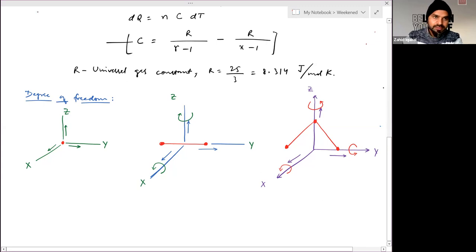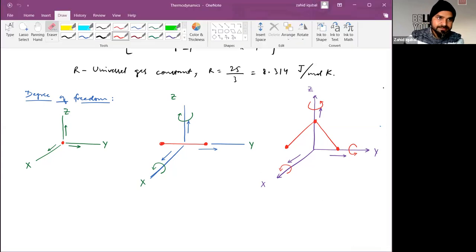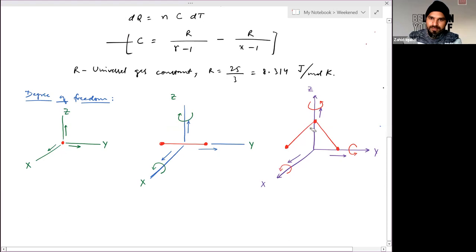Suppose this is any triangle. If you are seeing along this axis, it may rotate along this way. If you are visualizing along this axis, it may rotate along this way. And along z-axis, it may rotate along this way. So we can say this bent shape will have 3 different rotations and 3 different translations. Is it clear?